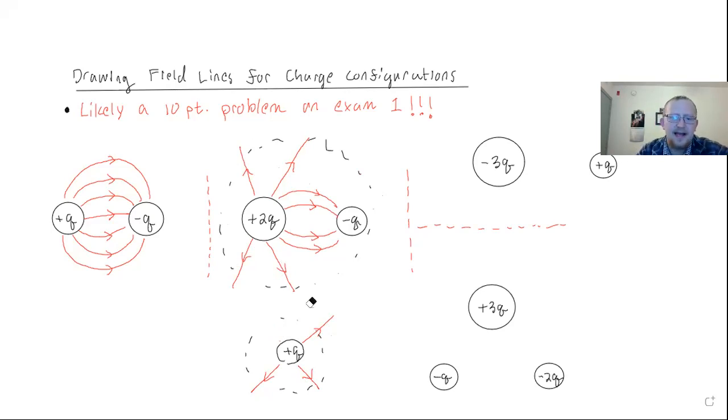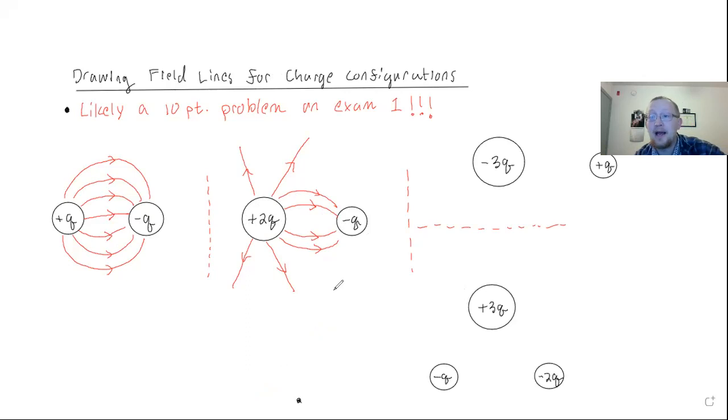So similar to the last configuration, we see that the plus 2Q and minus Q configuration, when viewed at a distance, actually appears as though it's just a single plus Q charge. So in other words, at some distance, the person wouldn't be able to tell whether this was a plus 2Q minus Q configuration or if it was actually just a plus Q. So once again, the net charge here, 2Q minus Q, just gives me positive Q.